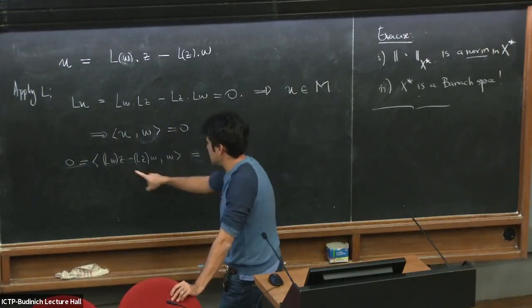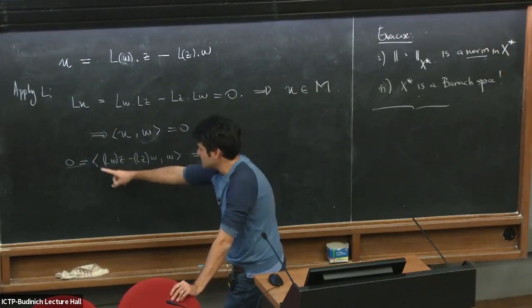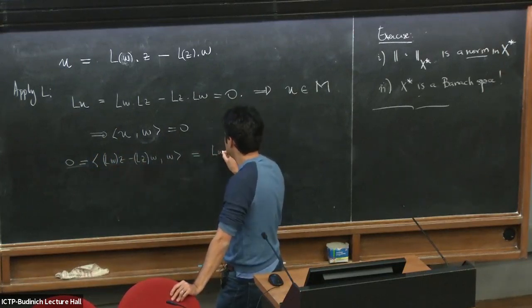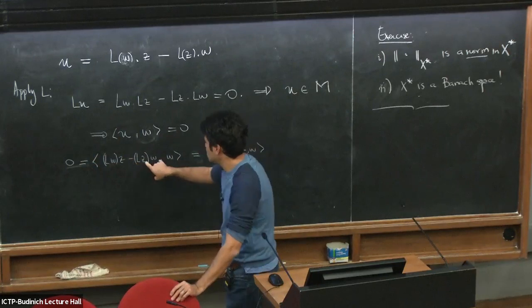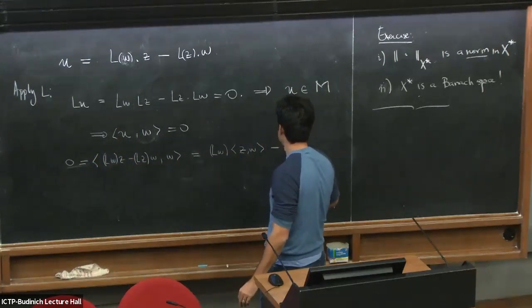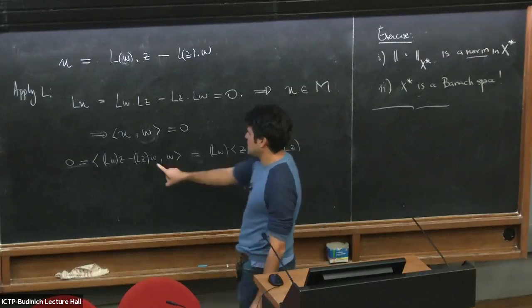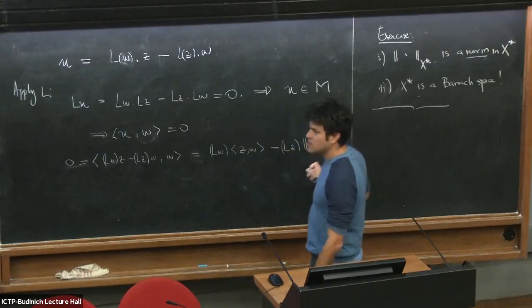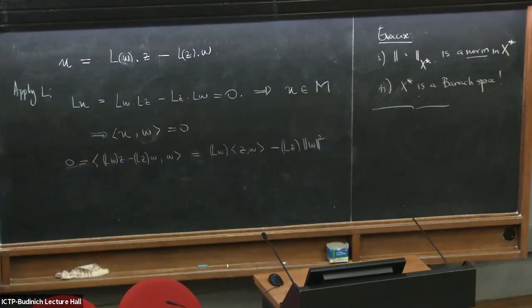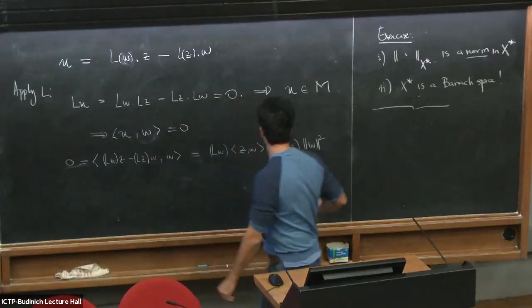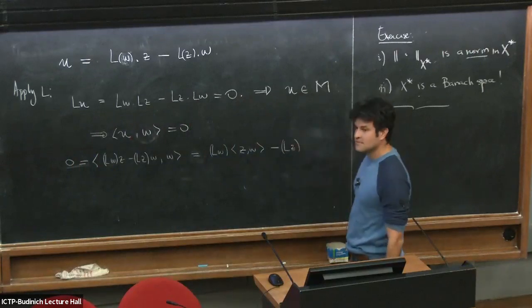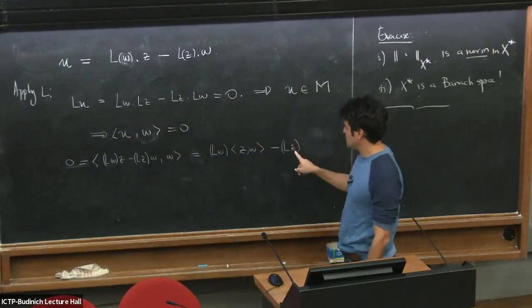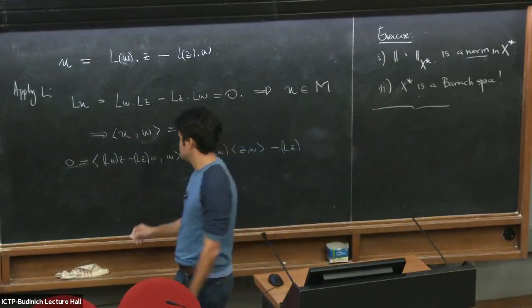The first one, this is a scalar, comes out, so I get L of W multiplying Z scalar W. And the second one, I get minus L of Z, W scalar W, which is W squared. But we have been normalizing W so that the norm of W is 1. So this is actually 1. And voila, this is what you get. This thing here is equal to 0.